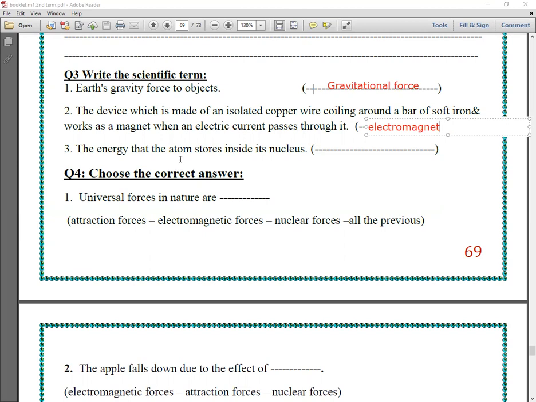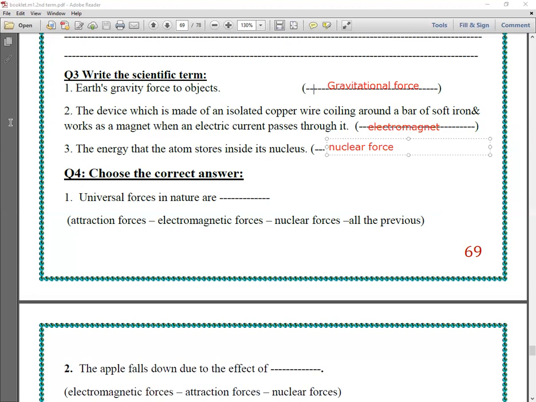Number three, the energy that the atom stores inside the nucleus is called nuclear energy, or nuclear force.